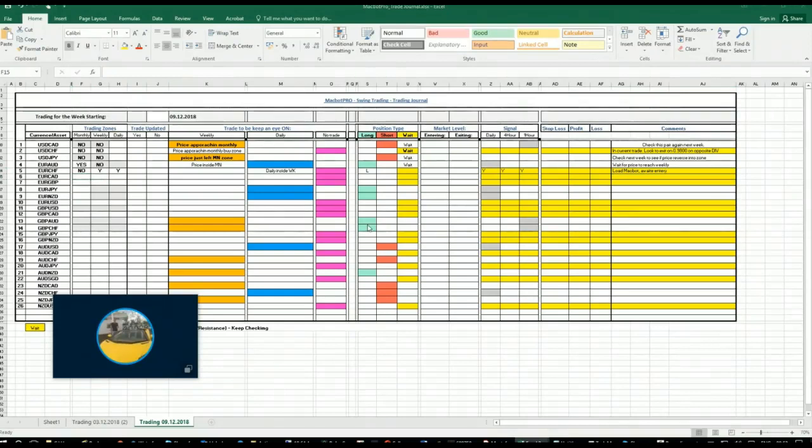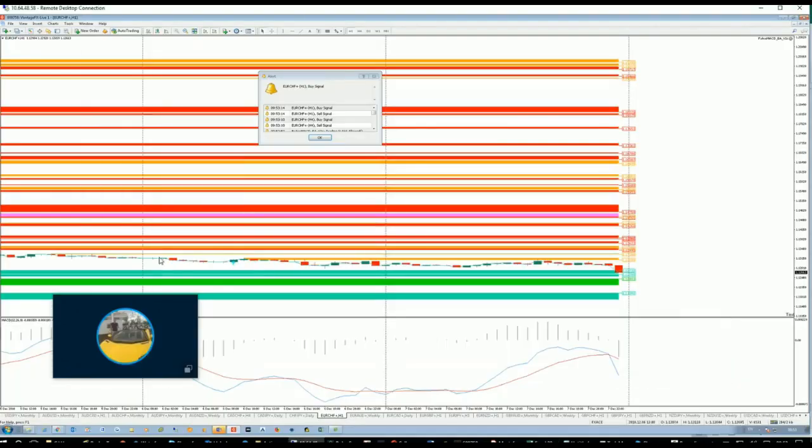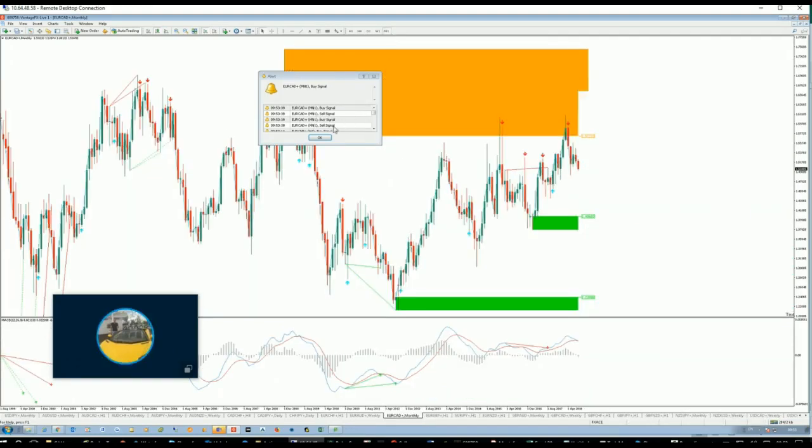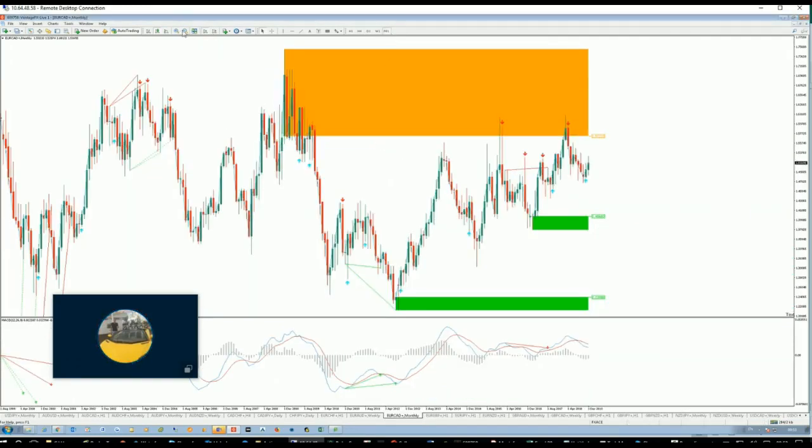So Euro card. Close that box. So, clean note. Just check the monthly and the weekly.